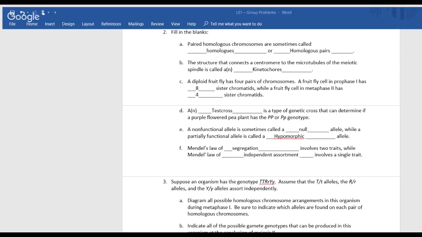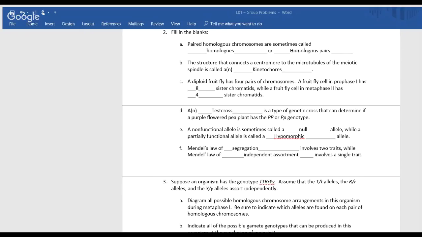So this is a question. A diploid fruit fly has 4 pairs of chromosomes. A fruit fly cell in prophase 1 has, so in prophase 1, we know it's diploid.